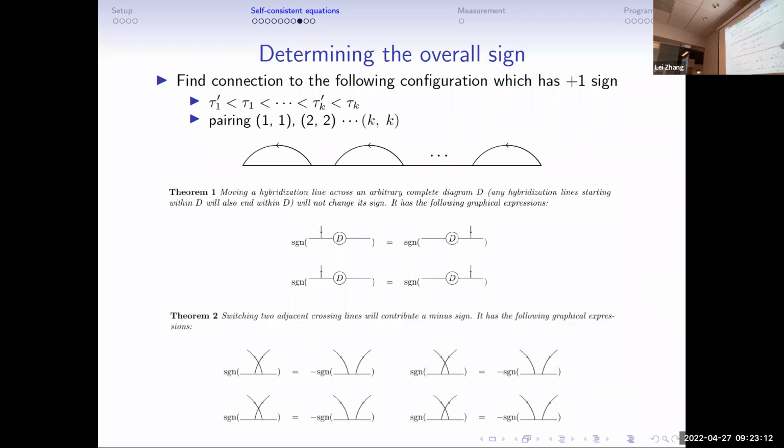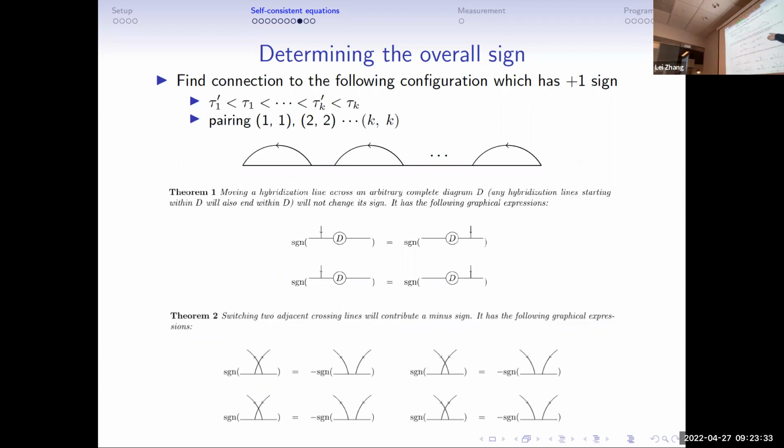And to do that, I found we need to do two elementary movements. One is we need to move a hybridization line across a coordinate graph. And another is we need to switch the order of these operators.